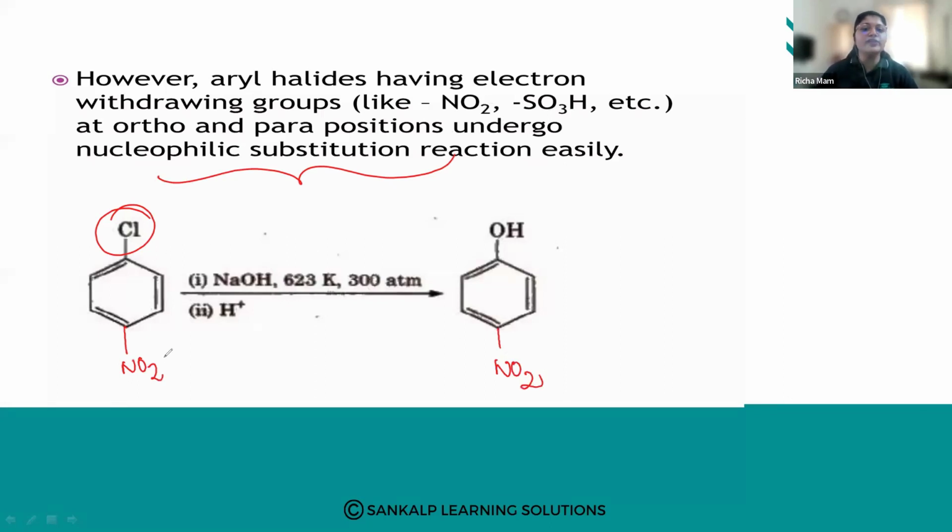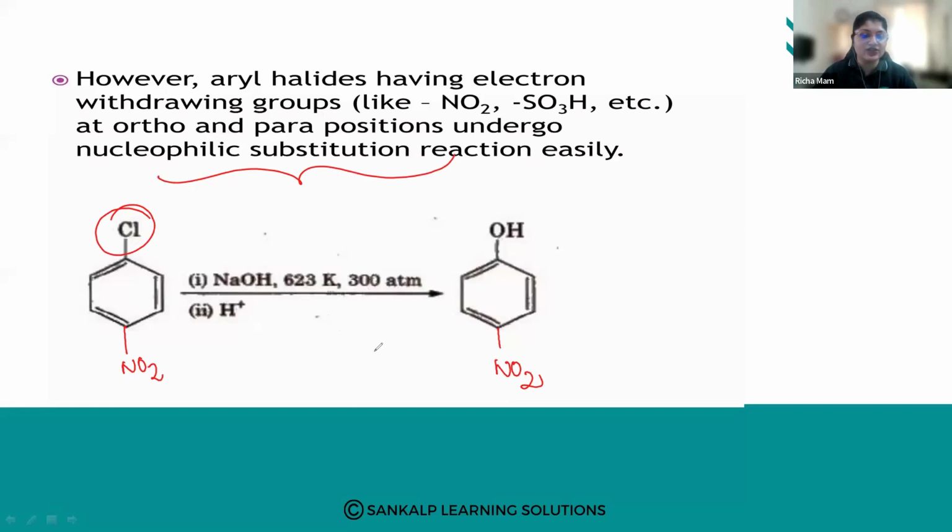If there is a presence of any NO2 group or sulfonic group at ortho or para position, then it will undergo nucleophilic substitution reaction. But only aryl halide cannot undergo nucleophilic substitution reaction. If there is a presence of any electron withdrawing group, then it can.